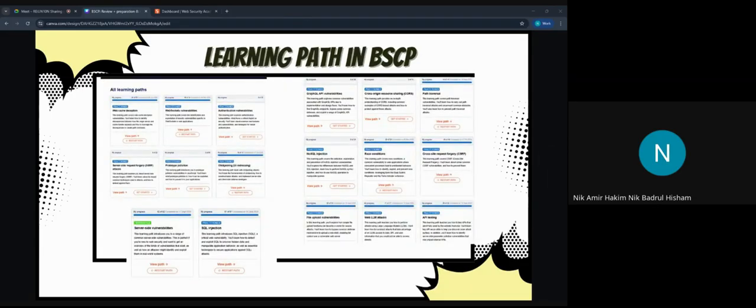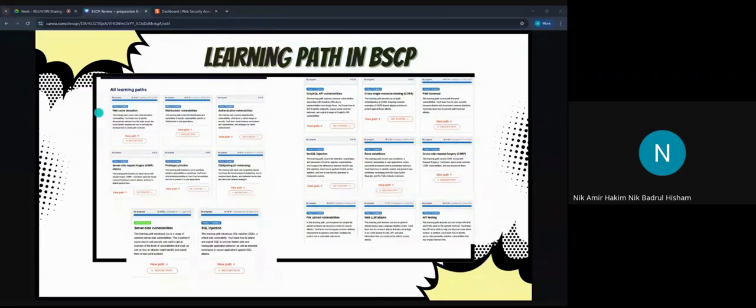So this is the learning path in BSCP. As we can see, there are up to 18 modules, sorry, not 18 labs, 18 modules that they offer in the Web Security Academy by PortSwigger. And for each module or each topic, they cover a lot of labs, as you can see.